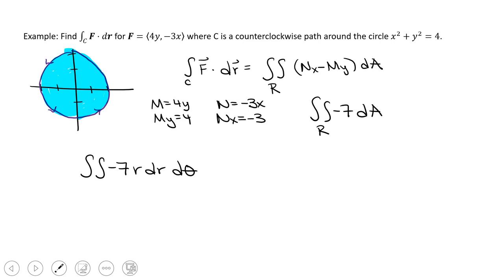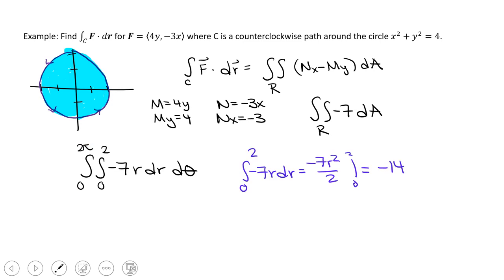Because we're dealing with a circle, converting this to polar coordinates makes the most sense. So I'm going to change my dA into an r dr d theta. And then my radiuses go from 0 to 2. And then the thetas, we're going all the way around the circle, so from 0 to 2 pi.